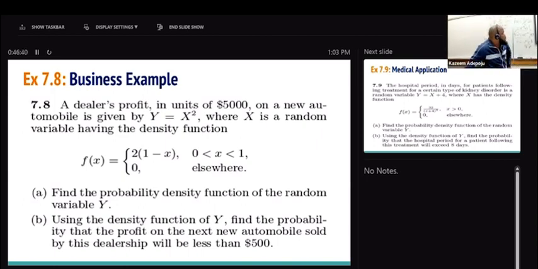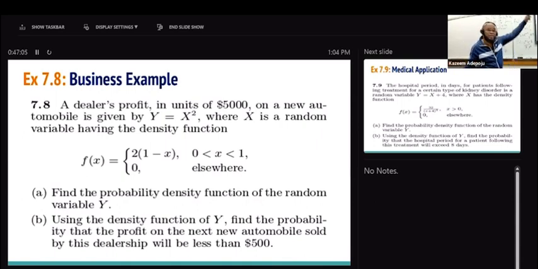What are you going to do here? You need to first find the inverse of x, right? When you find the inverse of x, what you're going to do next is the Jacobian. The Jacobian is going to be the derivative of s with respect to y. When you find that, you take the absolute value of it.